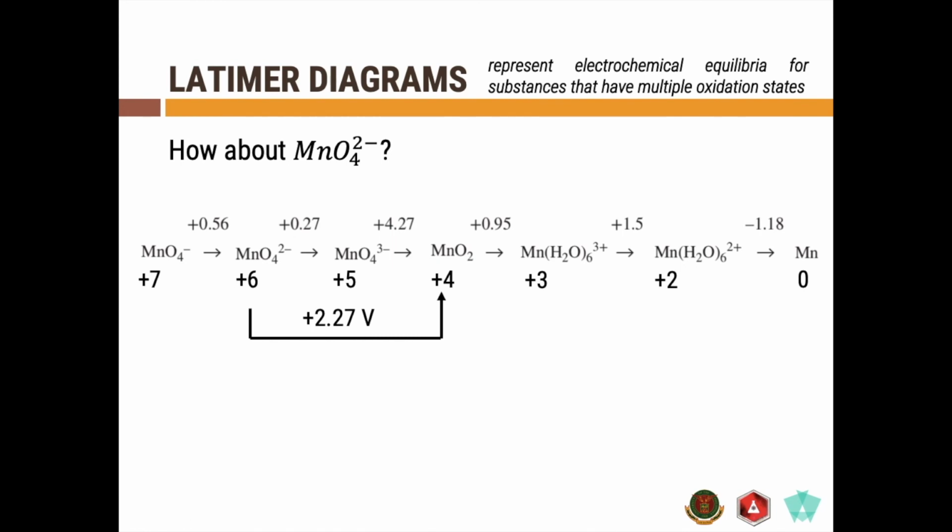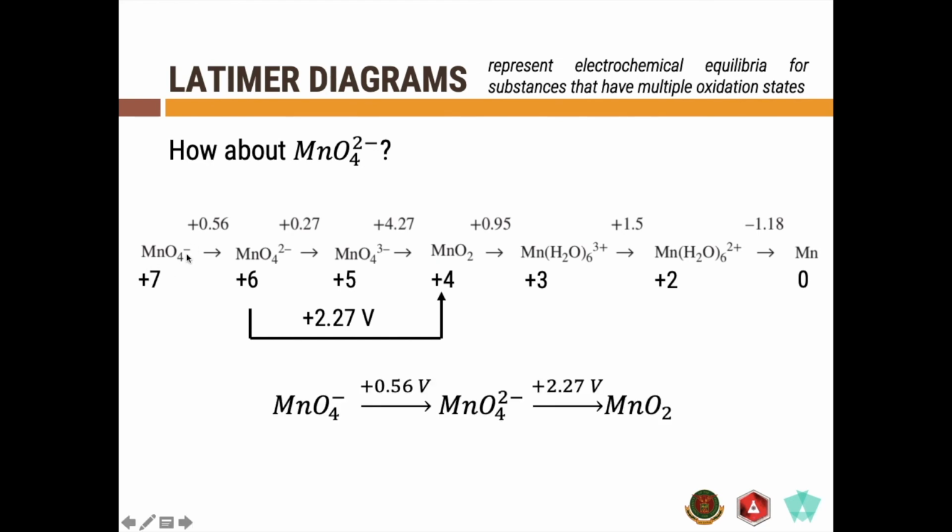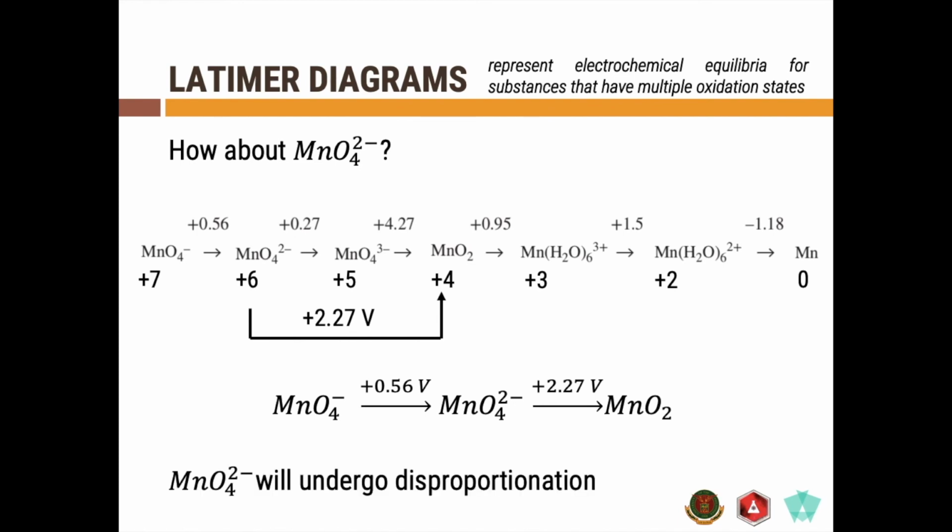Now, if we rewrite this Latimer diagram into something like this, wherein you have MnO4 minus, that's plus 0.56, and then MnO4 2 minus, and then skipping MnO4 3 minus, and going directly to MnO2, we can simply write plus 2.27 volts here. And based on our previous discussion, you see that the standard reduction potential is greater for the right side than the left side for MnO4 2 minus. Therefore, it will undergo this disproportionation reaction under acidic conditions.